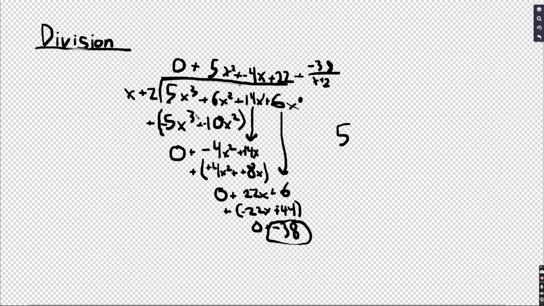Let's rewrite it. 5x cubed plus 6x squared plus 14x plus 6 divided by x plus 2 is 5x squared minus 4x plus 22 minus 38 divided by x plus 2.